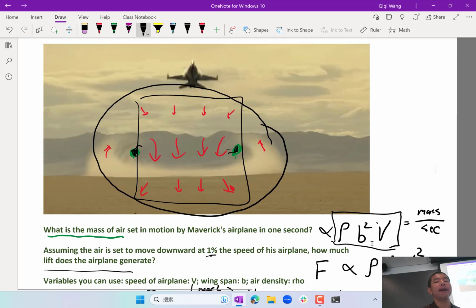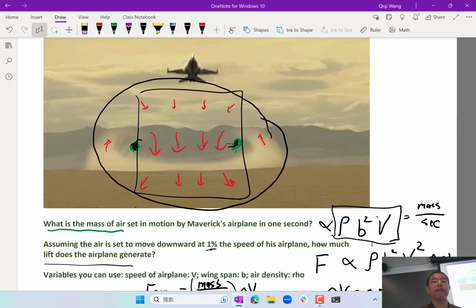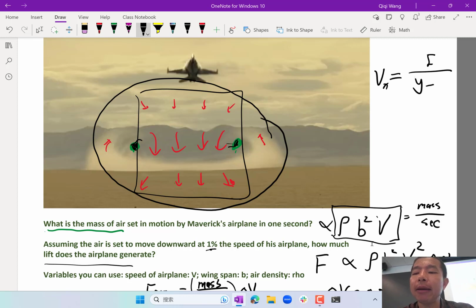So this b squared is just an approximation that comes from what you may have learned from Unified, that the velocity around the vortex is basically Vx equal to gamma over the distance, times y.